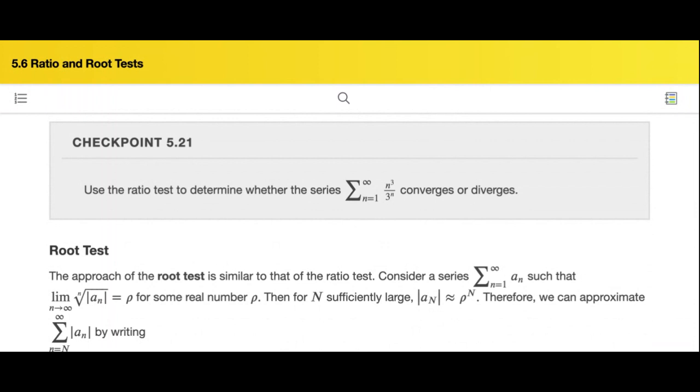You can also think about the graph. The graph of n cubed, right? And also you can think about 3 raised to n. 3 raised to n is an exponential function, right? And n cubed is a polynomial function of degree 3.